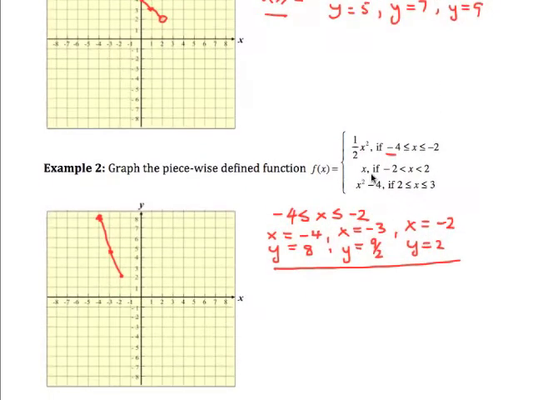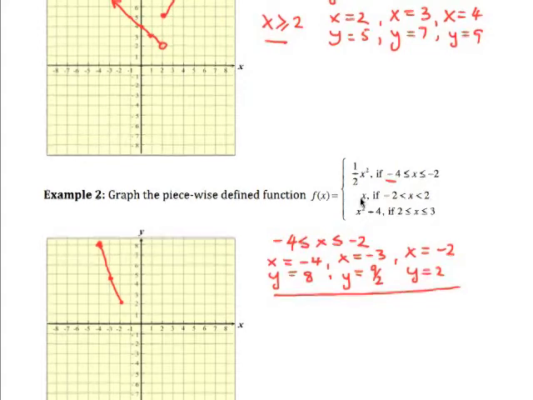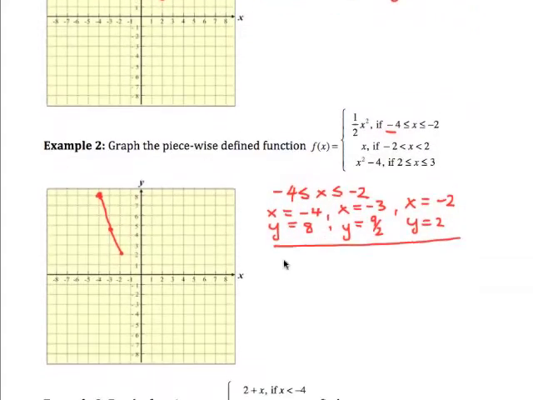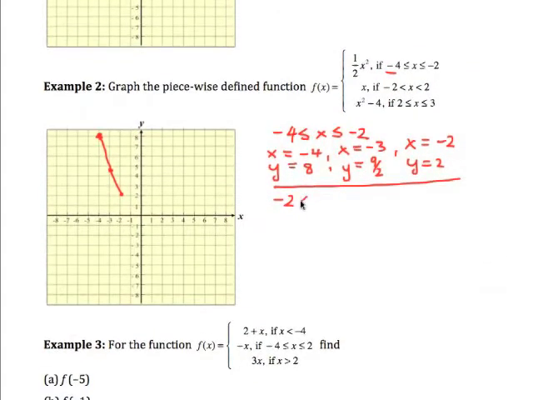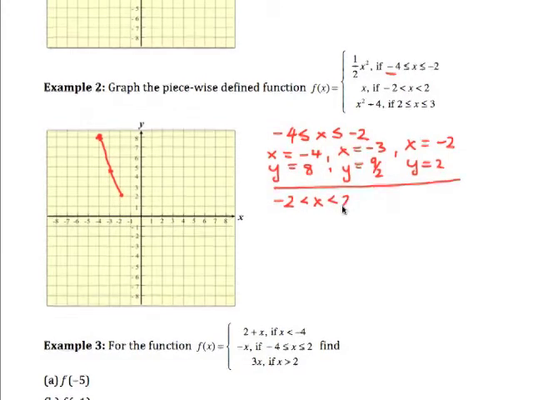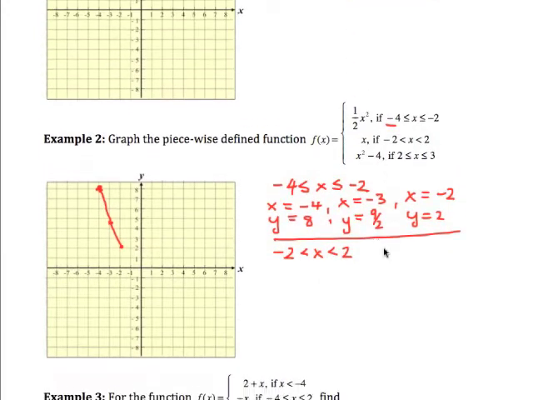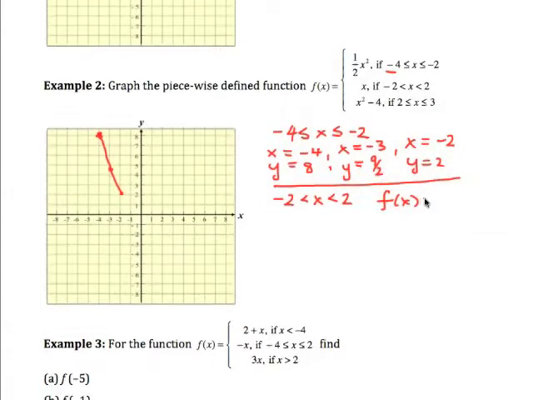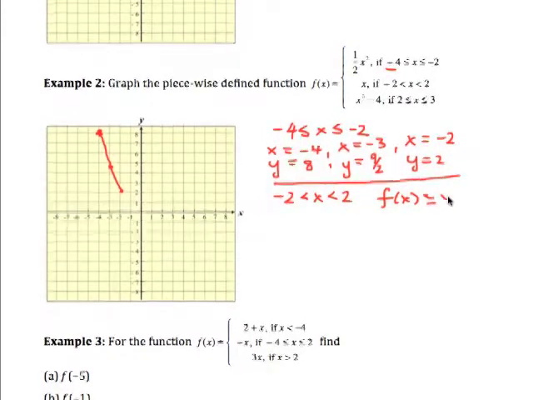Now our second part is when the function is equal to x. So we're looking for when this is between -2 and 2, and the function we're looking at is f of x equals x.